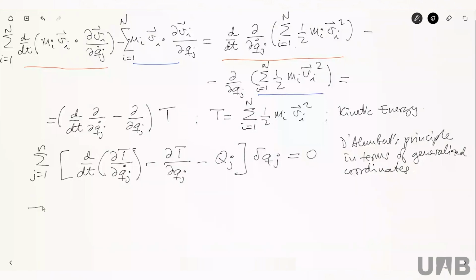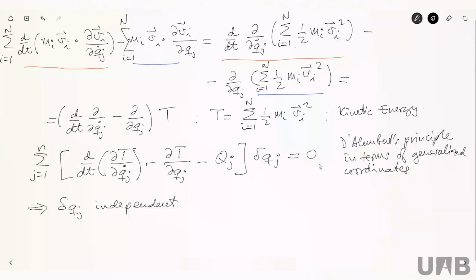And now, because the generalized coordinates are independent, because they solve the constraints, they are the independent variables, that means that these variations are independent from each other.